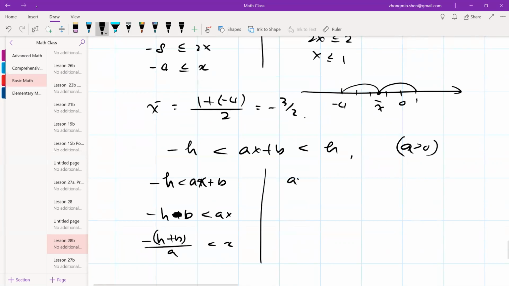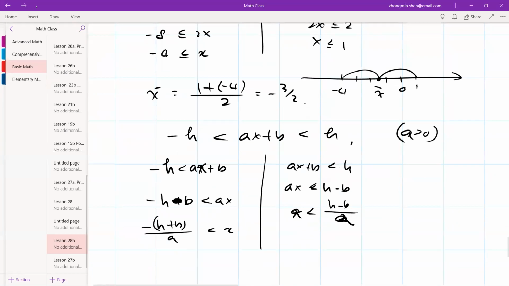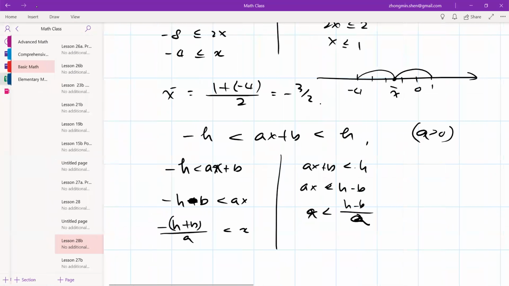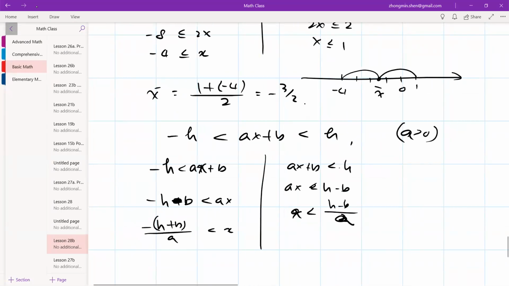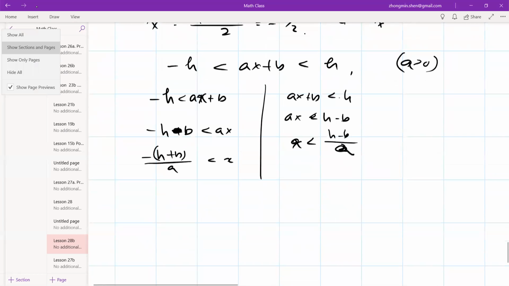The other side is ax plus b less than h. So ax less than h minus b, and x is less than h minus b divided by a. The reason you don't change the inequality direction is because I already assumed that a is positive. All right, so now x is between those two numbers.